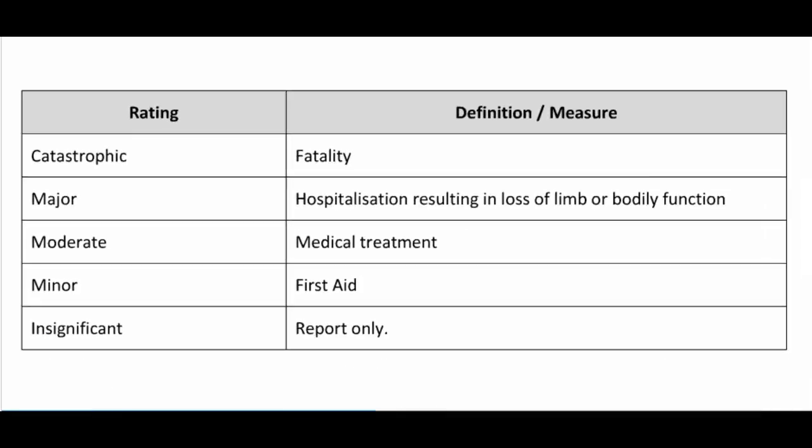With regards to severity, the following definitions and measures can be applied to assist in the hazard assessment process. Insignificant, report only; minor, first aid; moderate, medical treatment; major, hospitalisation resulting in loss of limb or bodily function; catastrophic, fatality.